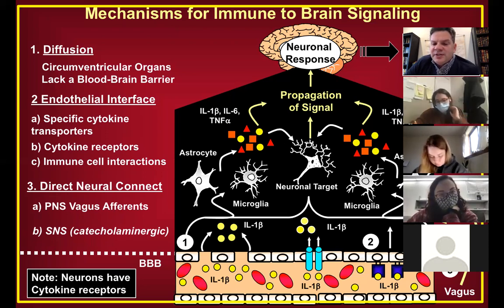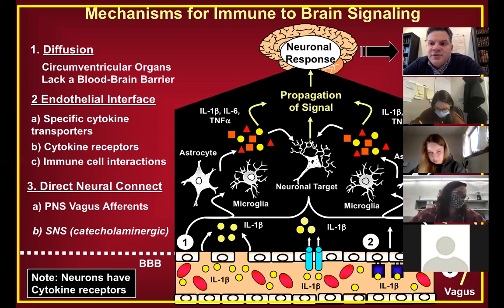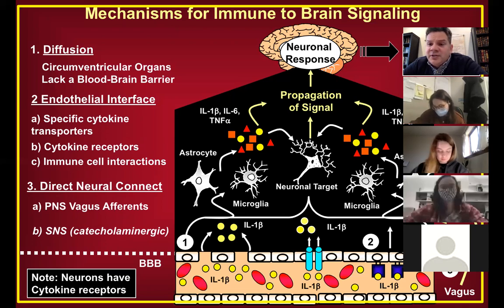Now, when all these signals get there, they have to be propagated, okay? This little cytokine signal isn't enough to do anything to change behavior or physiology. So you need to amplify it. And this is, I think, where your perivascular macrophages, your microglia, and your astrocytes work together.